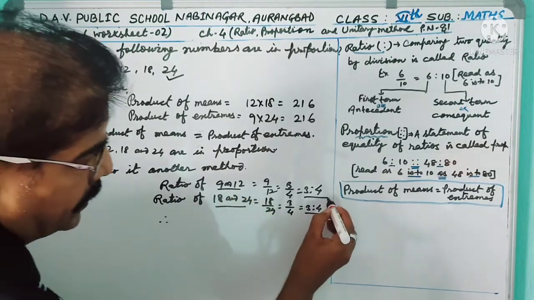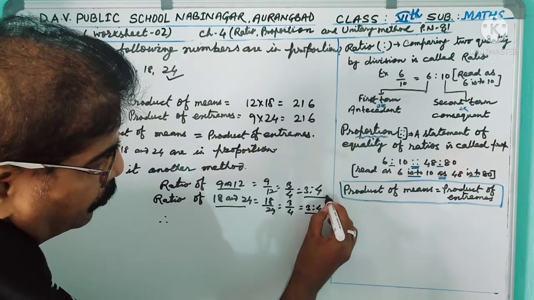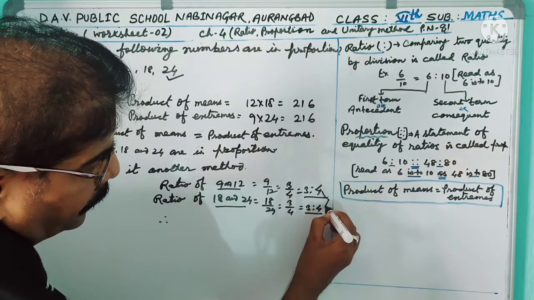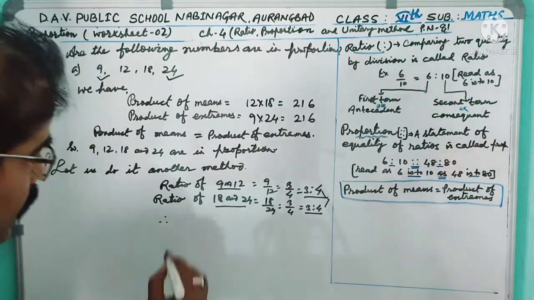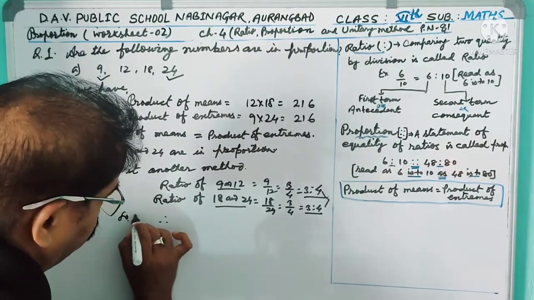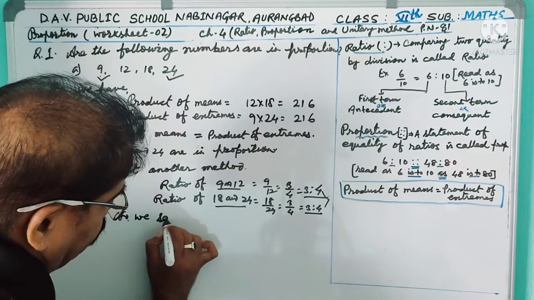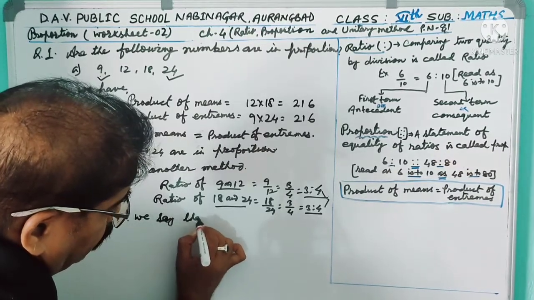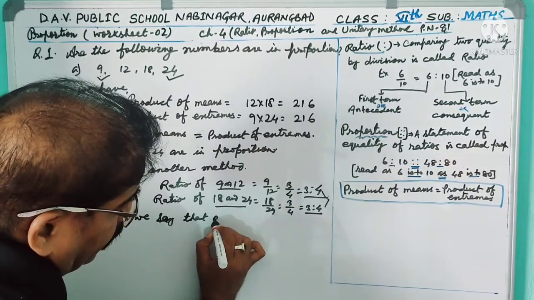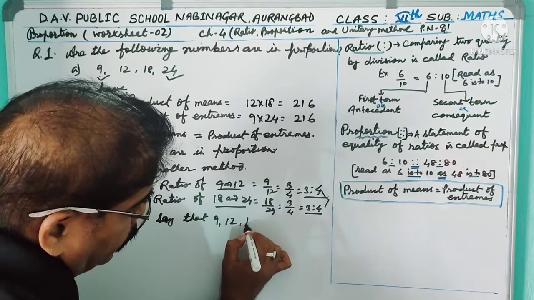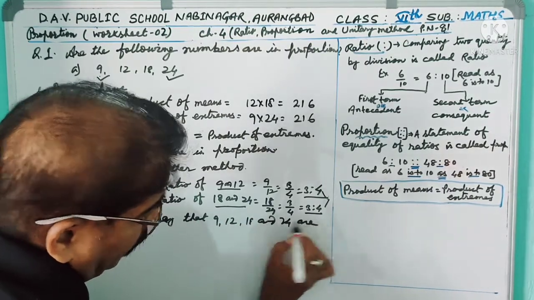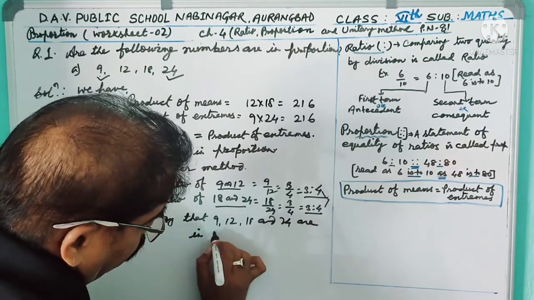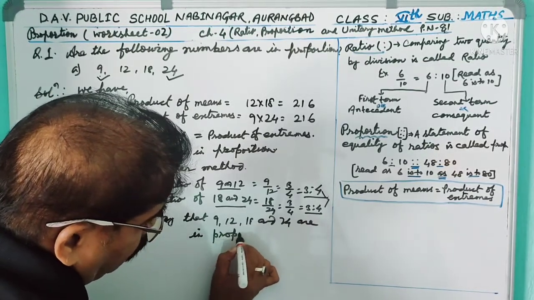Both are the same. So we say that 9, 12, 18 and 24 are in proportion.